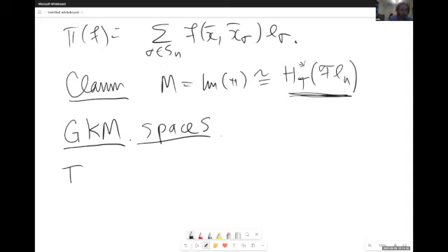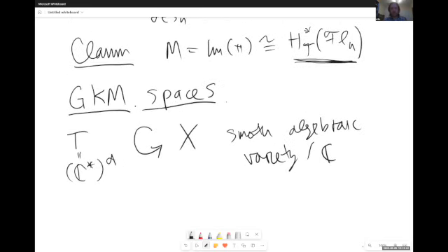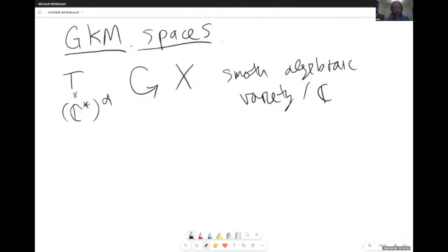So for a GKM space, let's say I have a torus, a d-dimensional torus, acting on a smooth algebraic variety, for instance the flag variety. It's called a GKM space if three things are true.